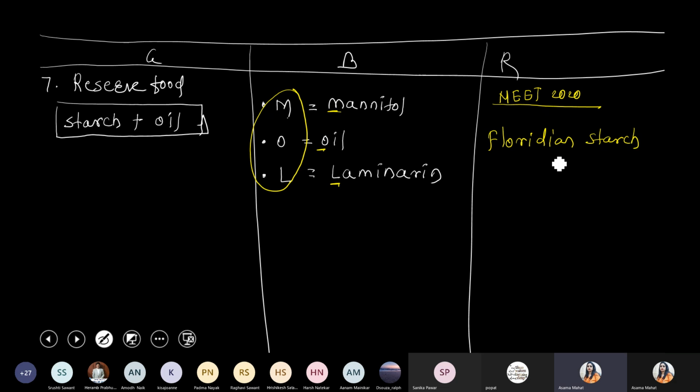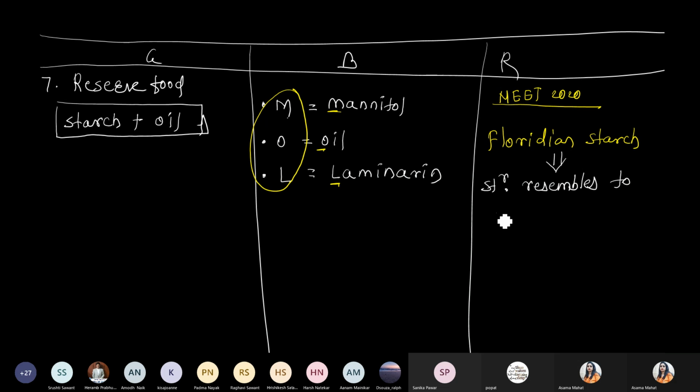So we are talking about floridean starch. Basically, its structure resembles, number 1, glycogen. Glycogen is basically the storage food of animals, right? And another one is amylopectin.